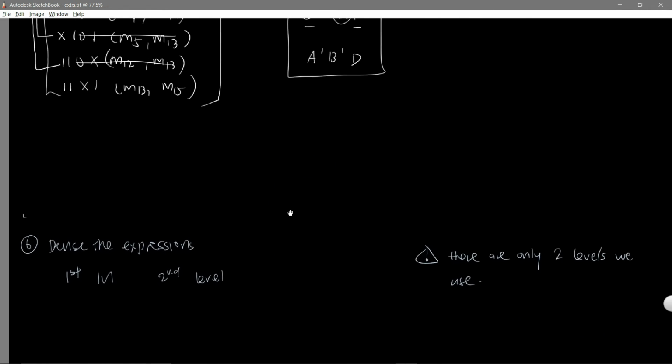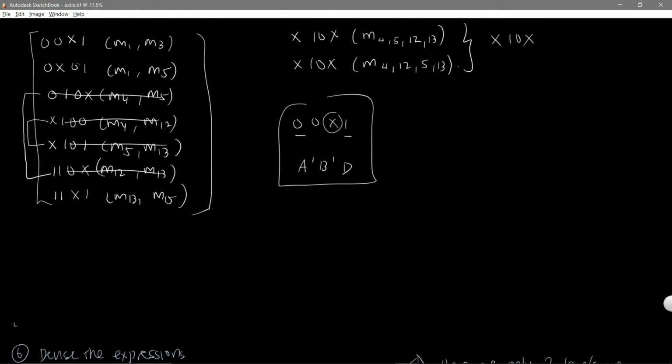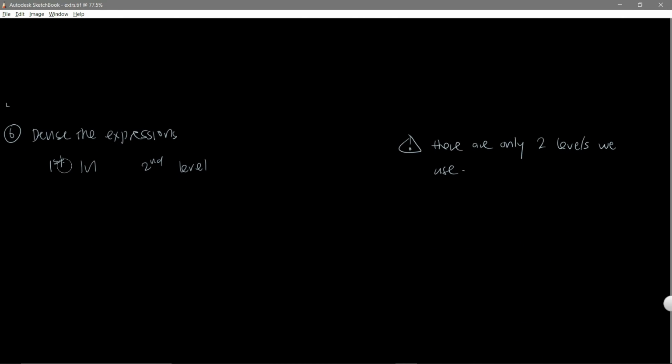So in the 6th step, there is A naught, B naught, D, A naught, C naught, D, A, B, D, and B, C naught. So you want to write them down.